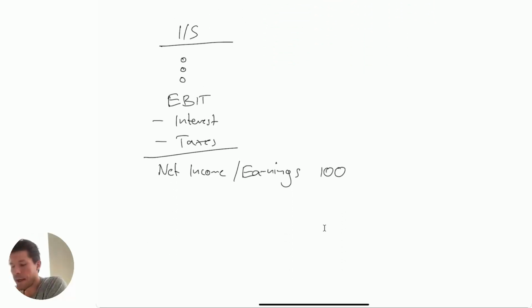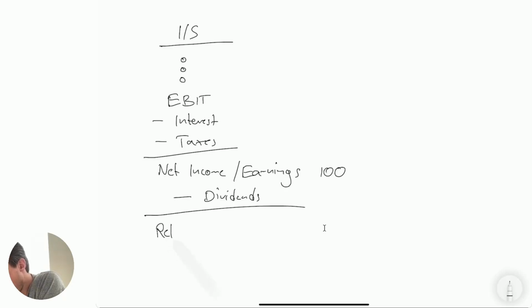You have generated $100 per share, then you can decide either I pay dividends and the remaining, retained earnings, goes to our balance sheet.